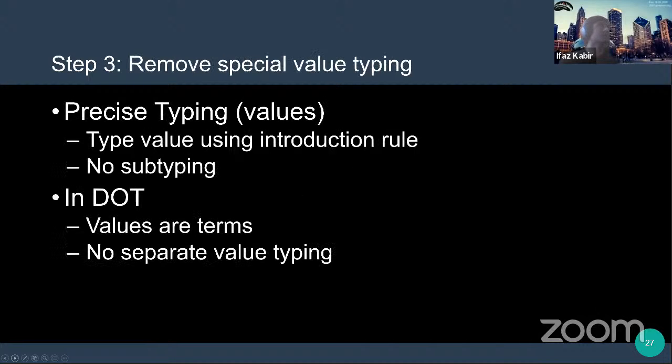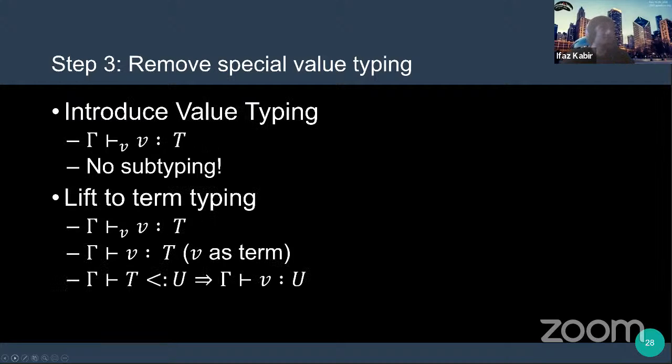In the third step, we use special value typing altogether. Precise typing for values is: type the value using an introduction rule and do not apply any subtyping rules. In DOT, values are typed as terms, so values are terms and there's no separate value typing. So what we do is introduce value typing.